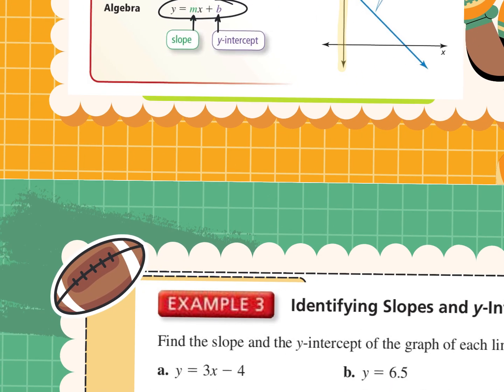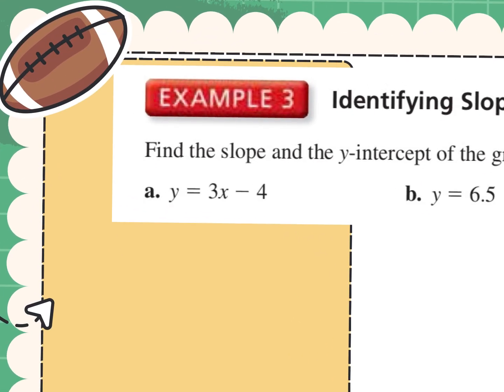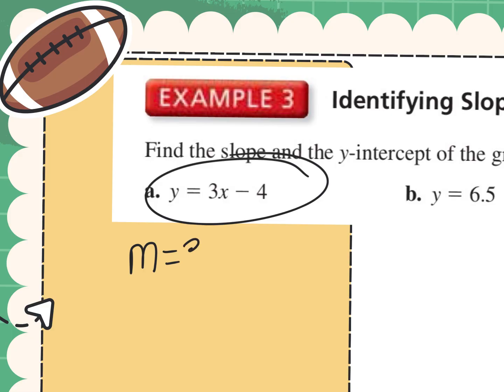So, for example, if you're given an equation, y equals 3x minus 4, and I asked you what is the slope, which remember, that is the m. What would you say the slope of this equation is? 3, okay? It's not the x, it's just the number in front of the x. If I asked you what's the b, meaning the y-intercept, what is the y-intercept here? -4.